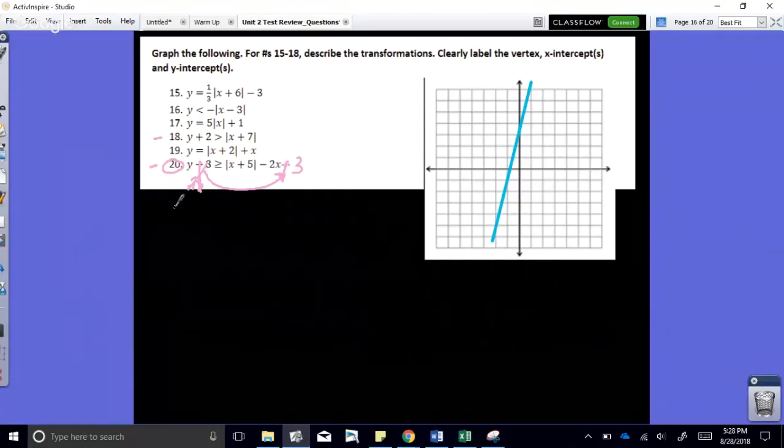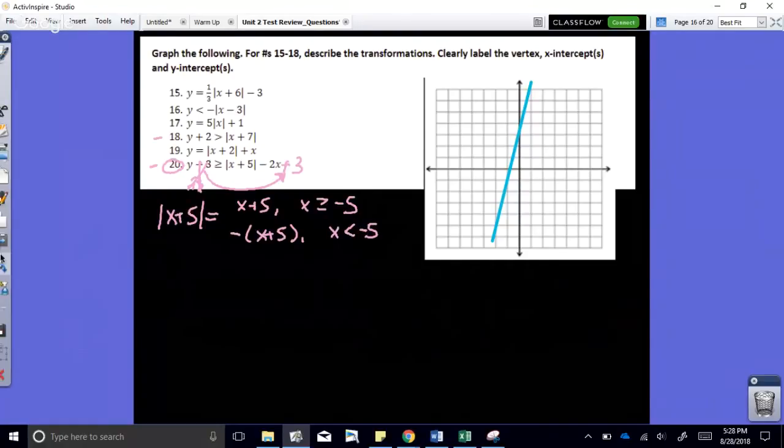So again, we have our piecewise function, absolute value of x plus 5. So that equals x plus 5 for x greater than or equal to -5. We have the opposite of x plus 5 for x values less than -5.